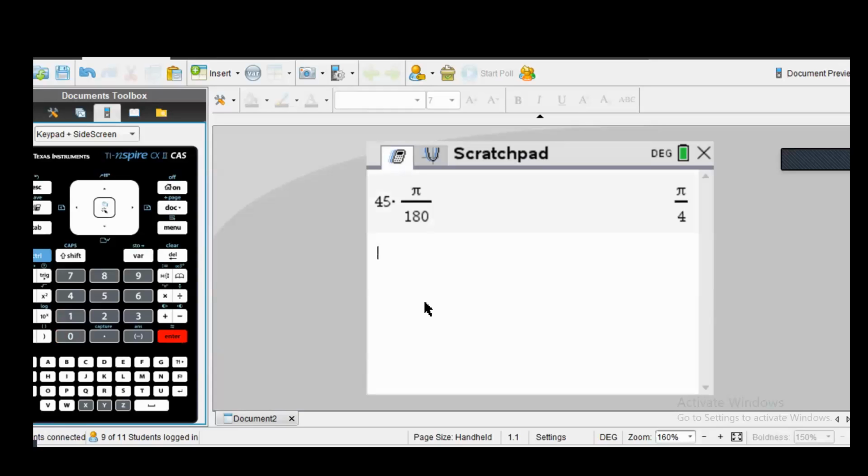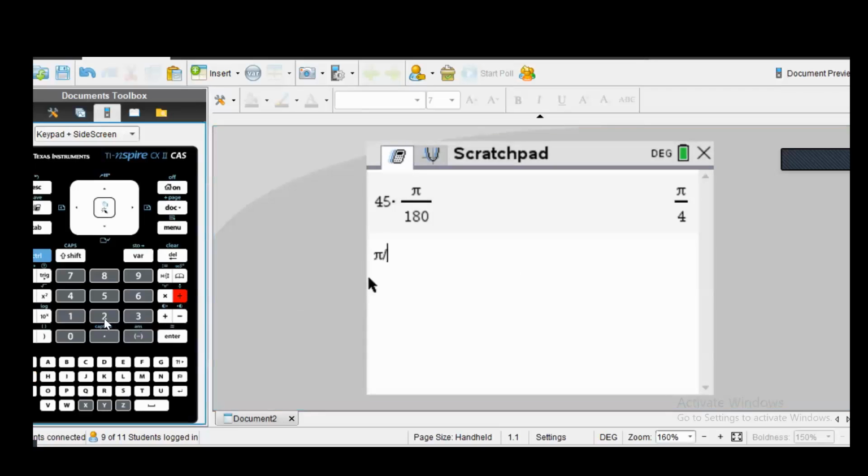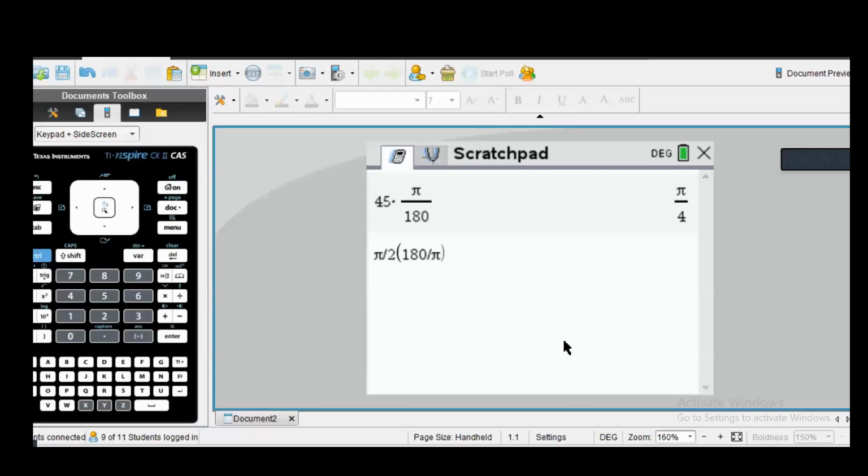And then if you want to go from the radian measure, let's say pi divided by 2, or pi over 2, you just flip the pi over 180, to 180 divided by pi. And that gives you your degrees.